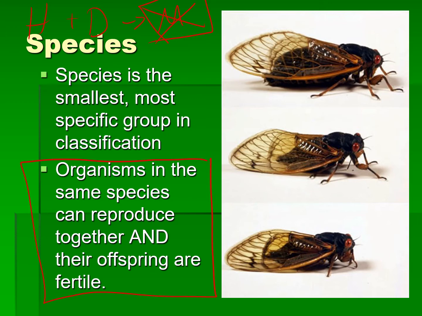However, if two things can interbreed, let's say two different types of dogs, so let's say you have a wiener dog or a dachshund and a German shepherd, and they reproduce, then you still have offspring that could technically reproduce. So a dachshund-German shepherd mix is basically just a dog, right? So basically in the same species, they have to be able to reproduce and their offspring have to be able to make more offspring.